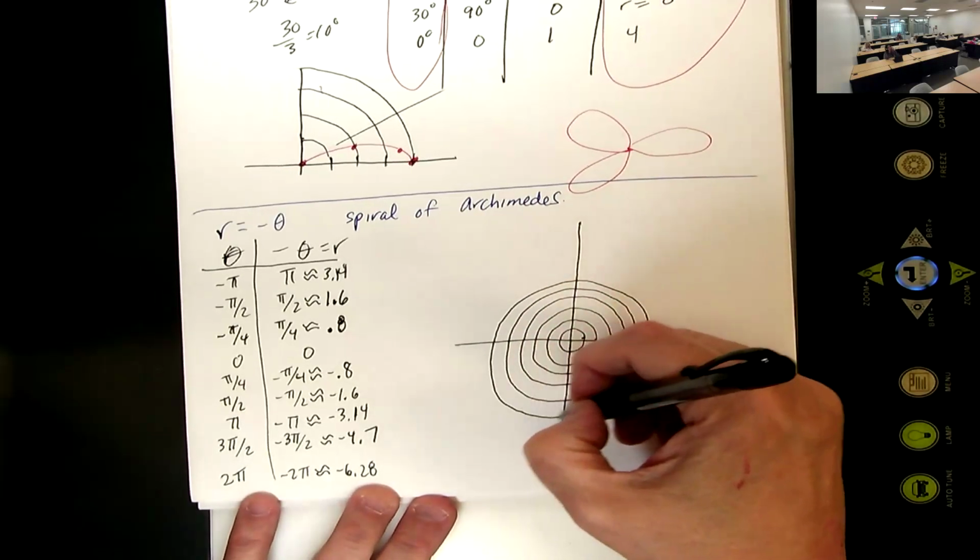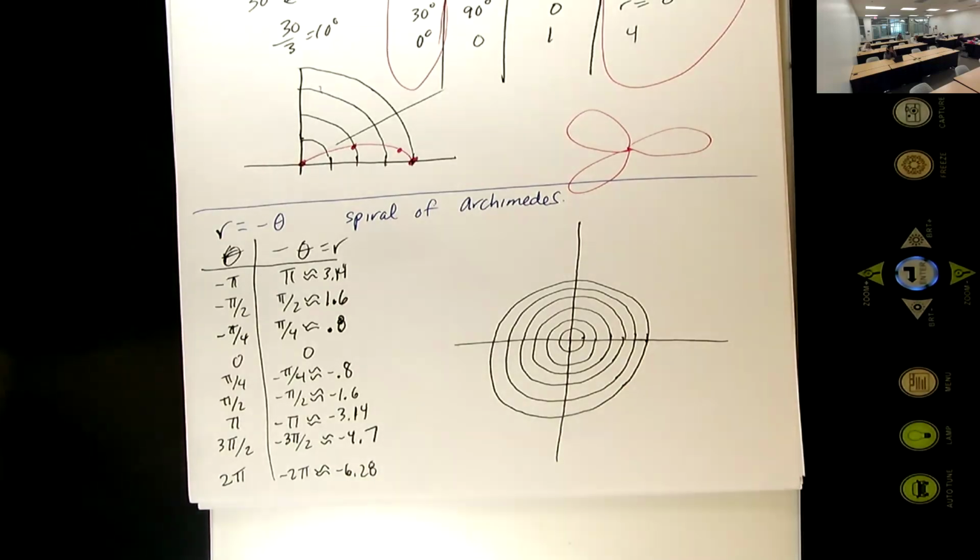I made 6 rings. I'll just go a little bit past it for the other one.